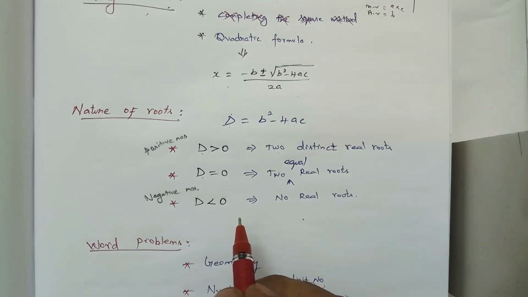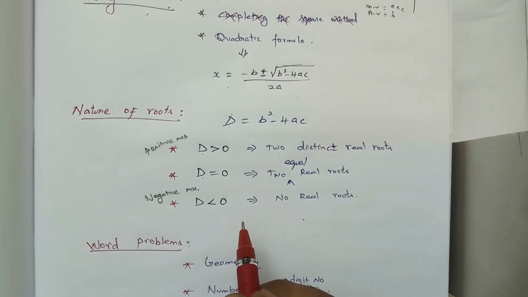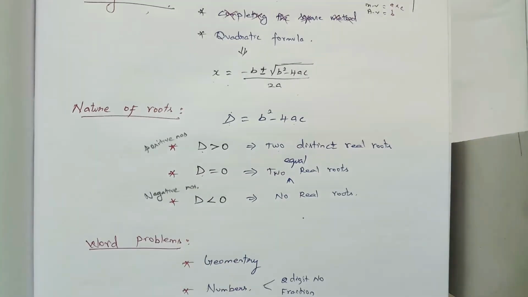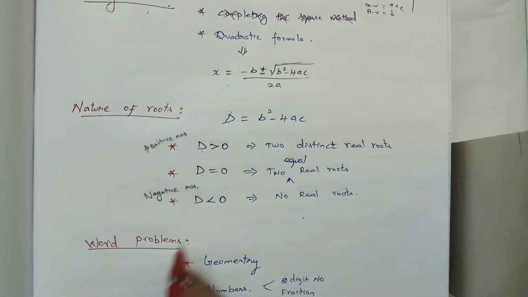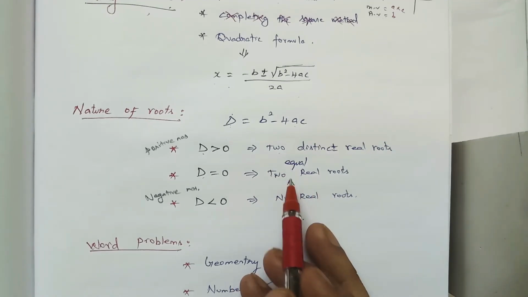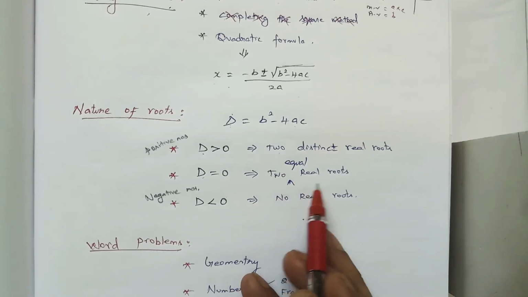Minus 3 means minus 3 comma minus 3. 2 by 5 means 2 by 5 comma 2 by 5. When the value of d is equal to 0, the roots will be equal, 2 equal real roots.